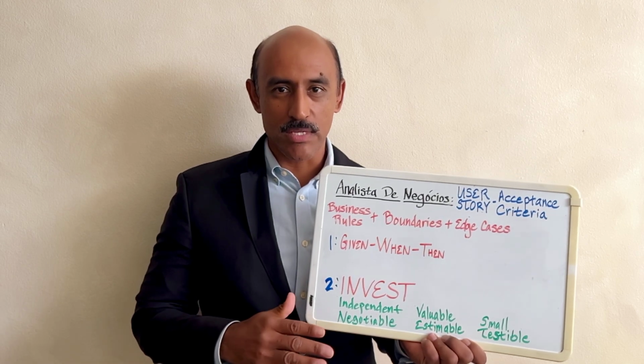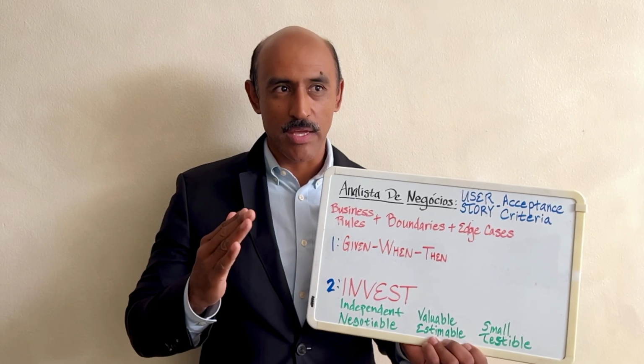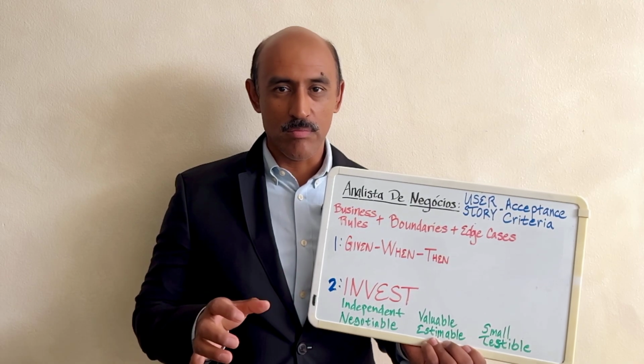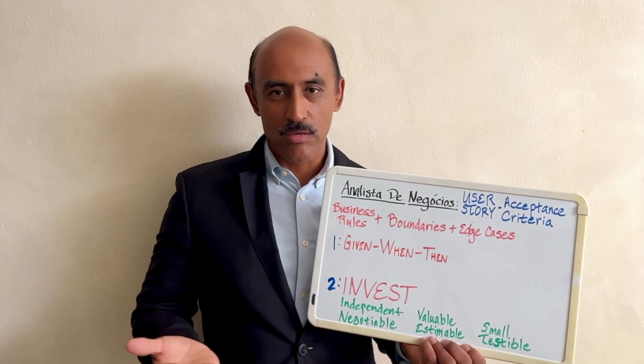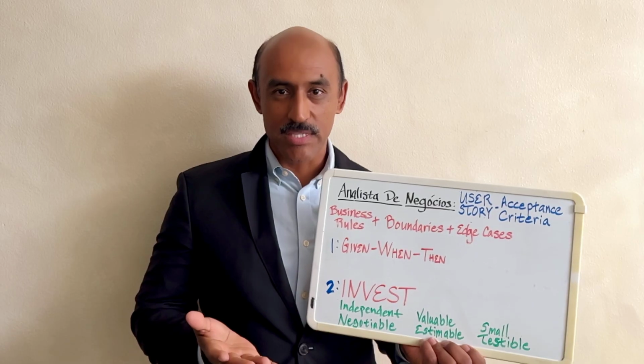You want to keep those things independent from each other. You're going to build a list of user stories that the development team can create. If you're doing agile development, you want to complete them by the end of the sprint, and they need to be testable.